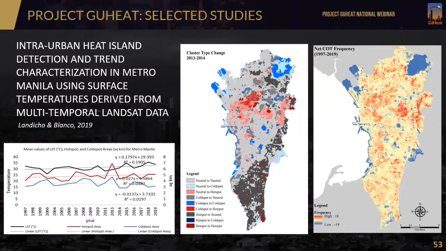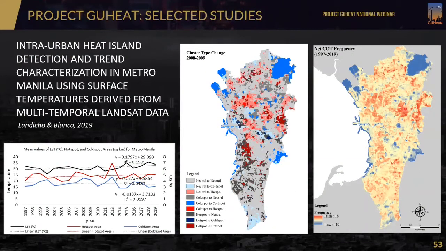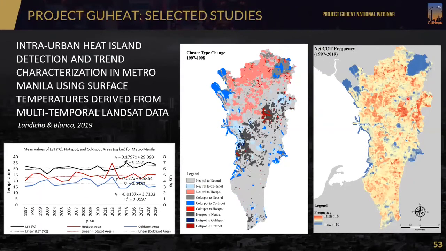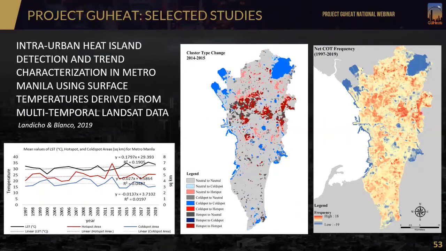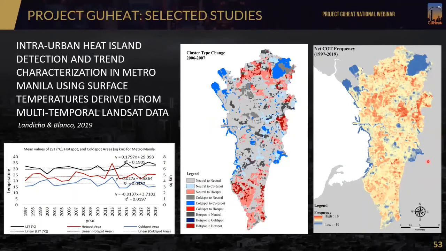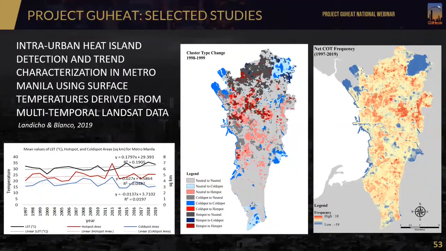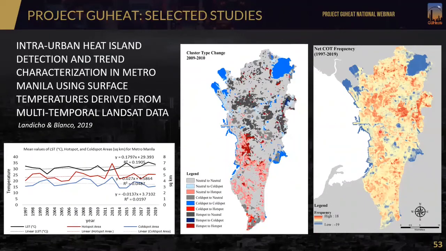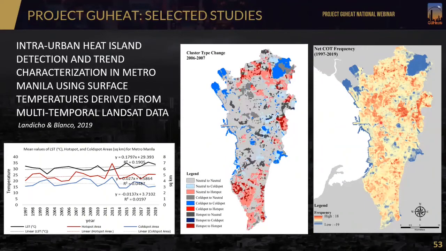They can persist over time. They can also disappear for a while, then return as well. But if we have a summary of that, shown in the figure to the right, we can see these areas which are actually relatively more persistent UHIs within this city. So this is the work of Landicho.